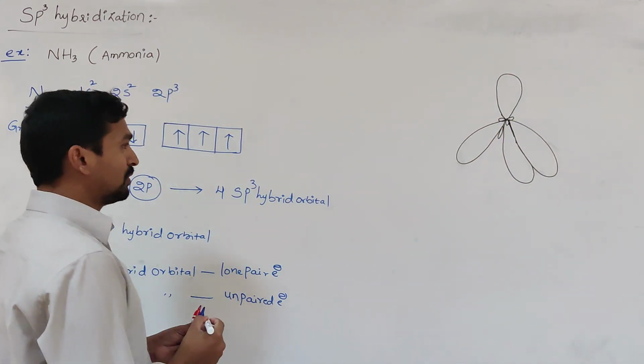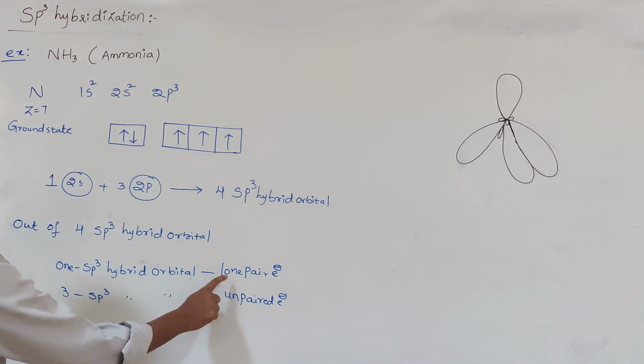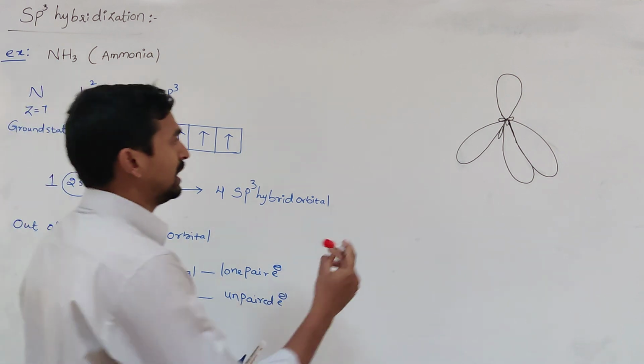Out of these 4 sp3 hybrid orbitals, one contains the lone pair of electrons.